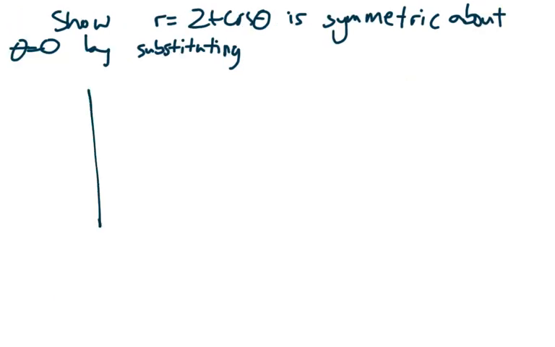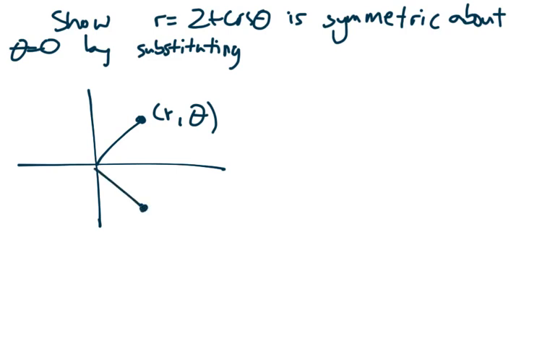We can show that this equation is symmetric about theta equals 0 by taking a point and saying that the point over here must also be a solution of this equation, so we substitute negative theta in for theta, and if it still equals r, then it's symmetric about the old x-axis.